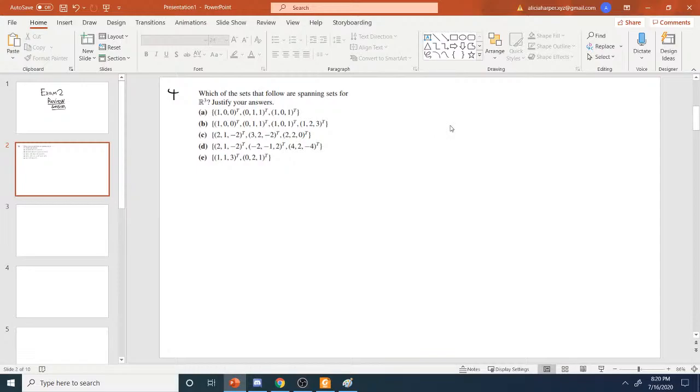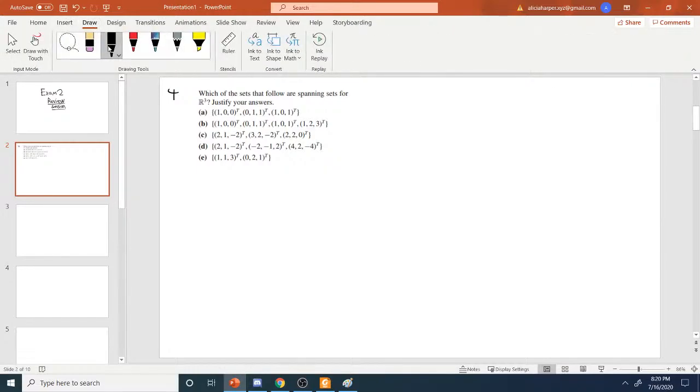So let's write down some theoretical facts first about what we know about spanning sets. Here is one very useful fact.